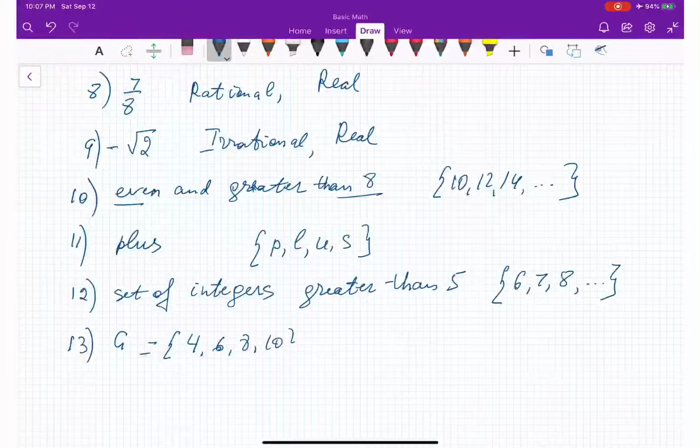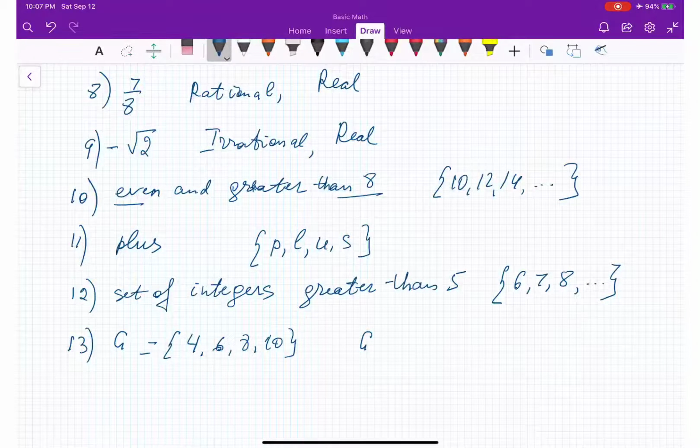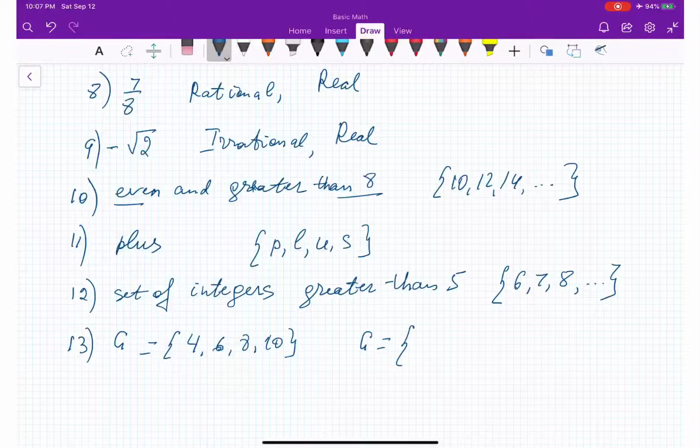This is what is given. We need to put it in set builder notation. This is how it's going to look. Our x is an integer, right? Because we have whole numbers there. So x is represented as an integer.